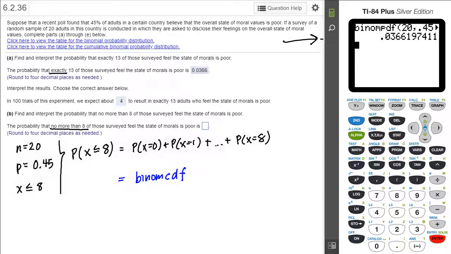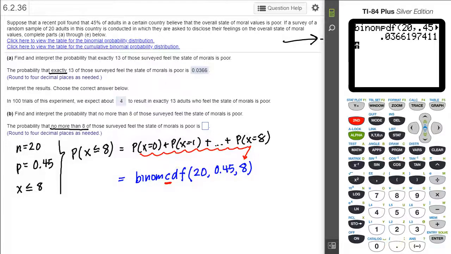Cumulative, it adds up those probabilities for you up to the X value. And remember, the inputs there are going to be in the same order as before: the sample size, N, probability of success, 0.45, and the X value, 8. CDF does all this stuff until that number that you put in.